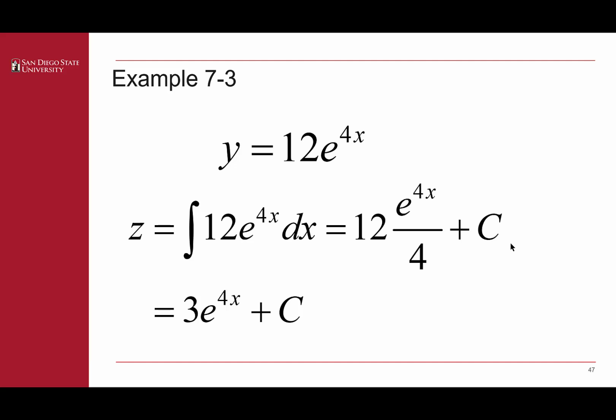There can be a constant number, or there may not be. We don't know, but we have to put a symbolic number c to represent any constant in the original form of this function. Eventually we get 3 times e to the 4x plus c. C may or may not exist.